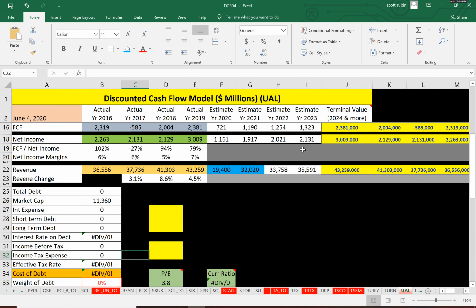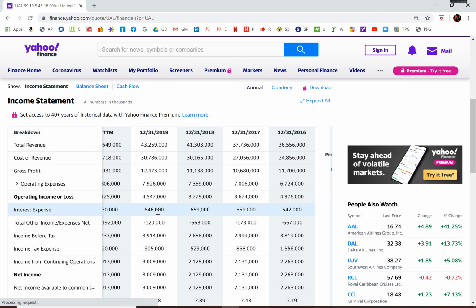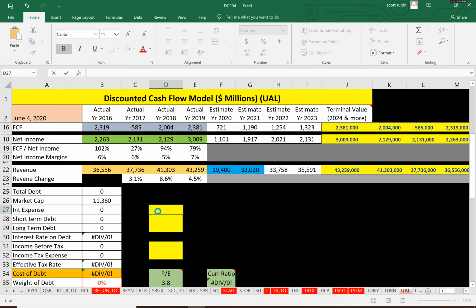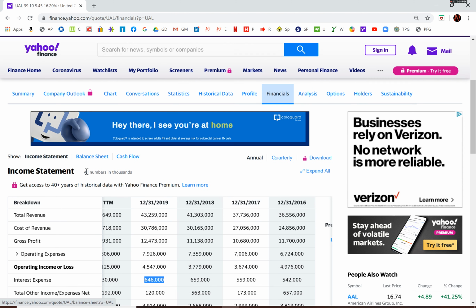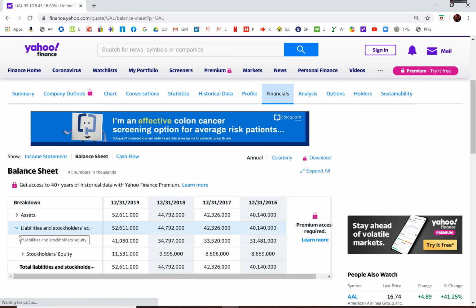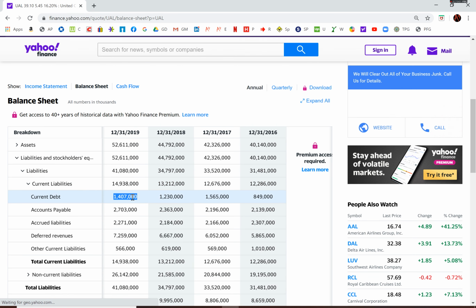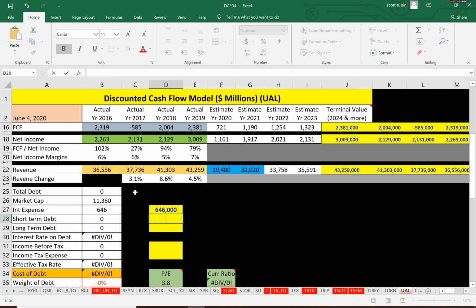Now we need to understand the capital structure of United Airlines so we know what the discount rate is. So the interest they pay on the debt is $646 million. Now let's see how much debt they have. We'll go to the balance sheet. Go to liabilities section. And the current debt is $1.4 billion.